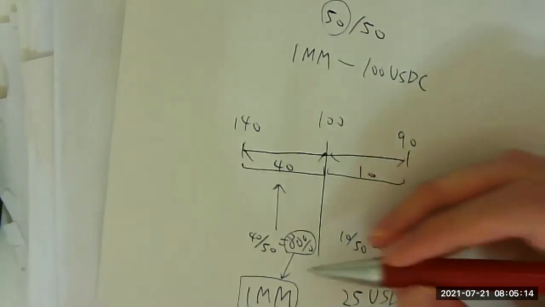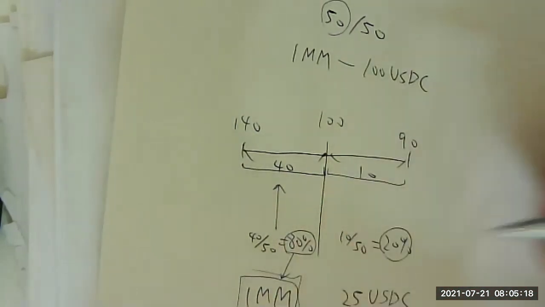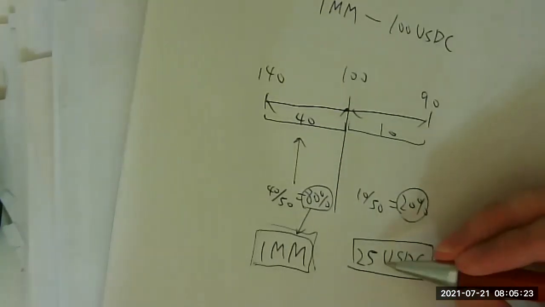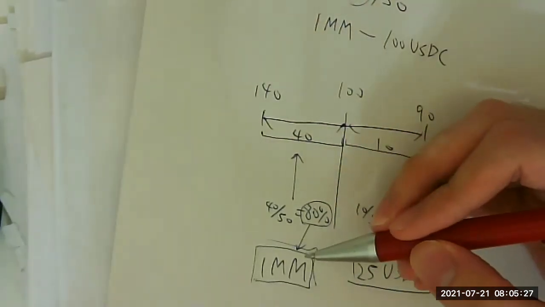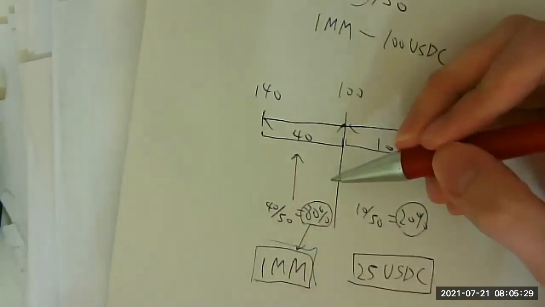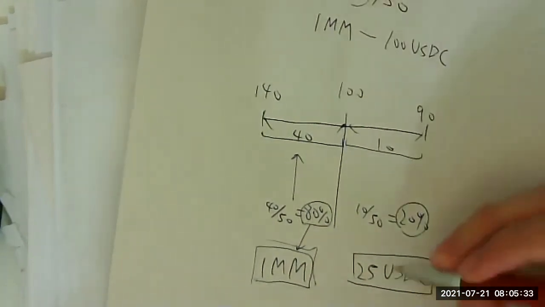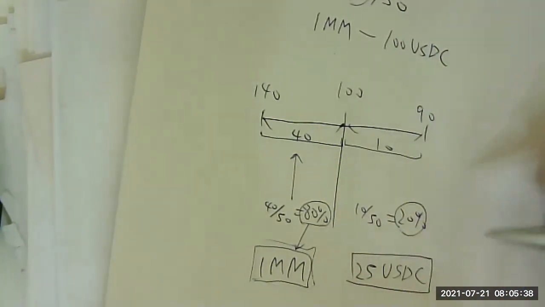And so 20% will be just a quarter of the value of this, basically. So which is 25 here. So you'll see that the higher your maximum, the more NM you have to put in, if we are talking about the NM pool, of course. And the lower the minimum, the more USDC you put in.